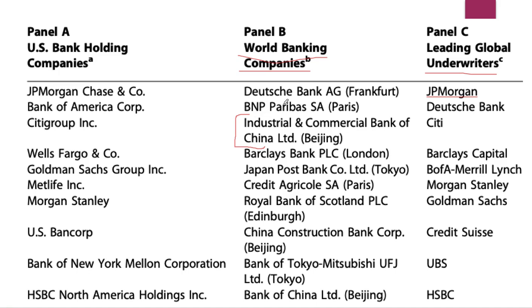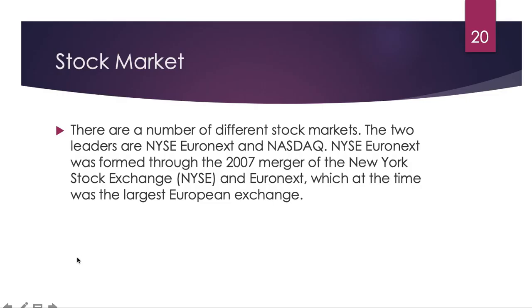So their banking and other major industries are heavily owned by government or government-related institutes. So these are again some examples only. And then in US bank holding companies, as you see, again, these are well-known banks, such as JP Morgan Chase, Bank of America, Wells Fargo, etc.